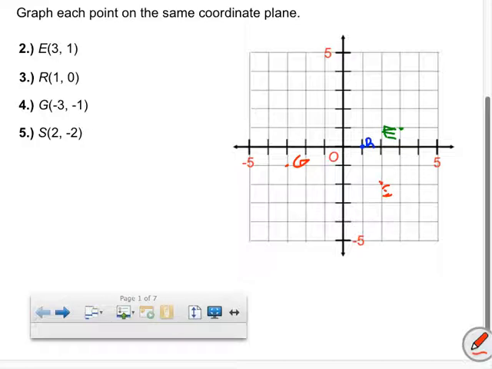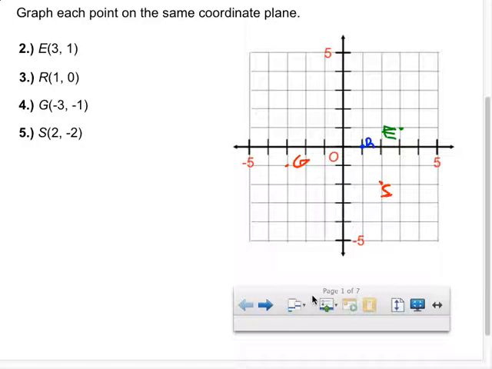Okay, very good. +2, -2, point S. Any questions about the warm-up? Okay, moving along. Question? No, we're good? You guys that were off by one of the coordinates, we got that fixed, right? Okay, so we're going to need that for the lesson today.